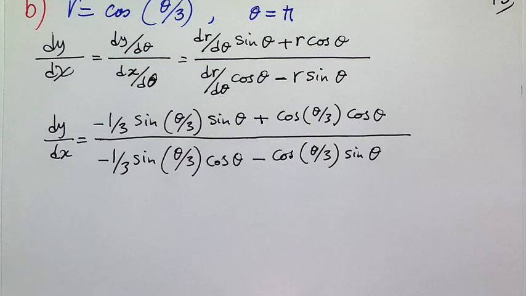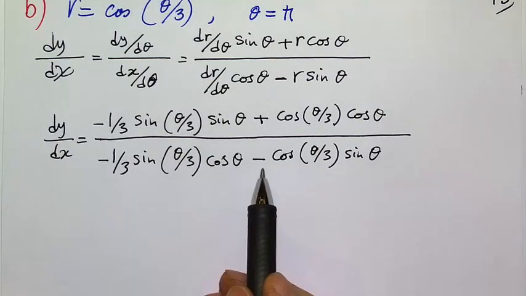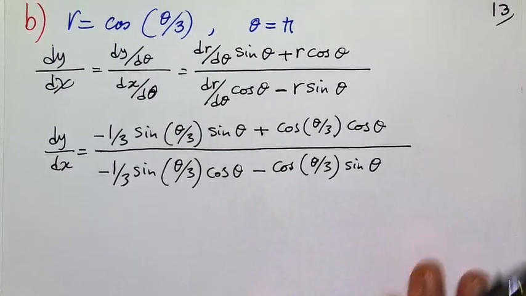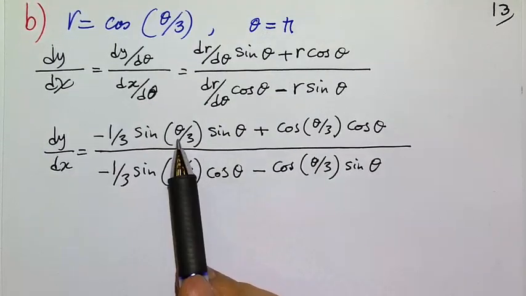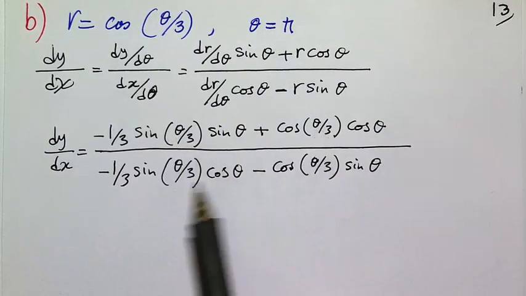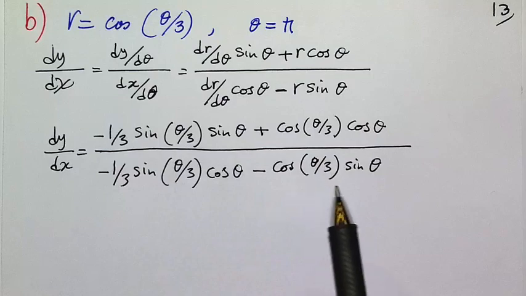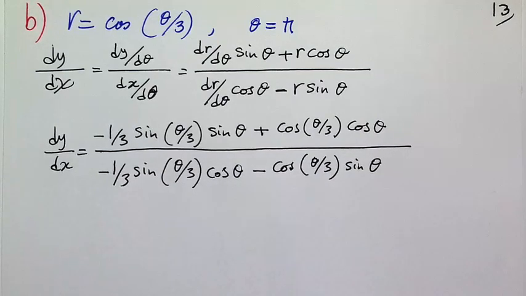Okay. So now, when theta equals pi, we can just substitute, right? We get pi over 3 here, pi over 3, pi over 3, pi over 3, so we can substitute immediately.